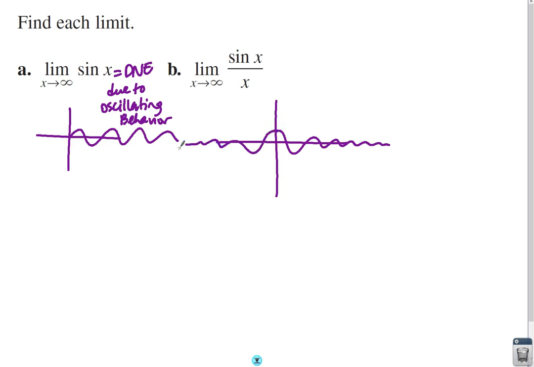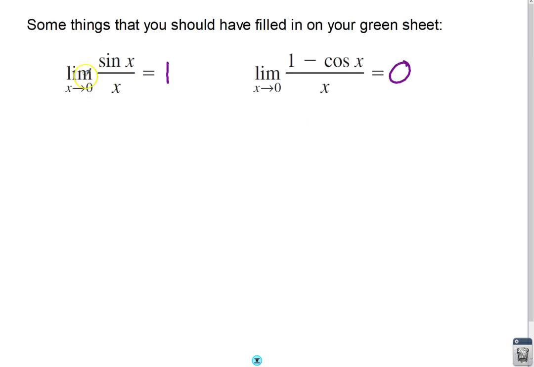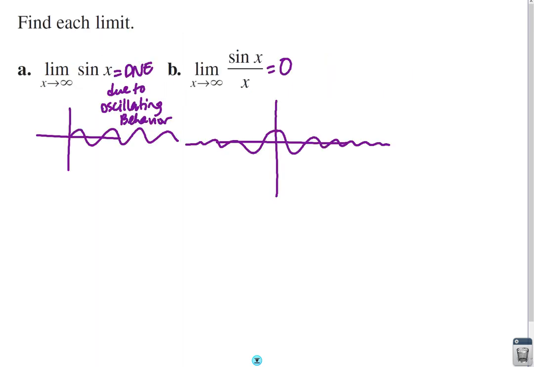So as x is approaching infinity, what's happening here? It's still oscillating technically slightly, but over the course of time, it gets closer and closer to 0. So the limit for that one is actually 0. Okay, so that's one thing you want to make sure you know. As x approaches 0, the limit of that is 1. As x approaches infinity, the limit of sine of x over x is 0. Be very, very careful with those. Sometimes we get those mixed up.